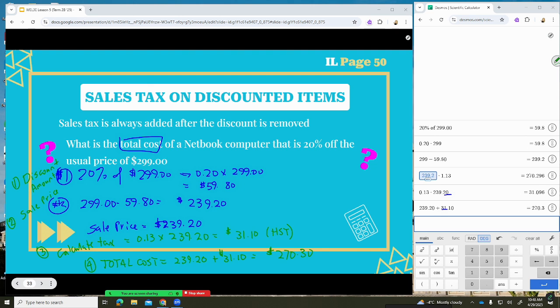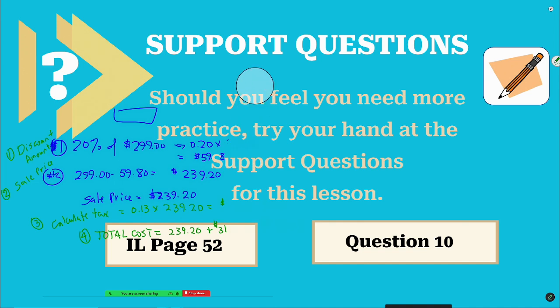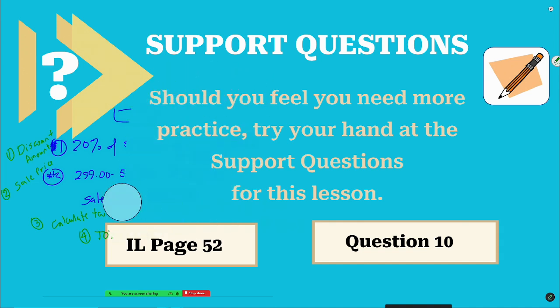So if you need to, you can go back and watch this recording. You can pause it. You can work your way through each step and apply it to the 3 products, not 4. There are 3 products on page 58. If you still want extra practice, you can try support question number 10 on page 52.